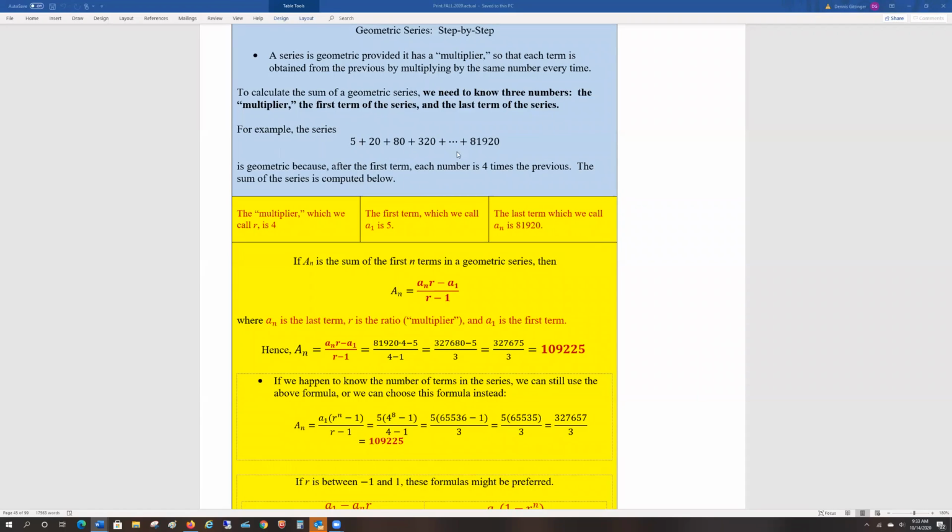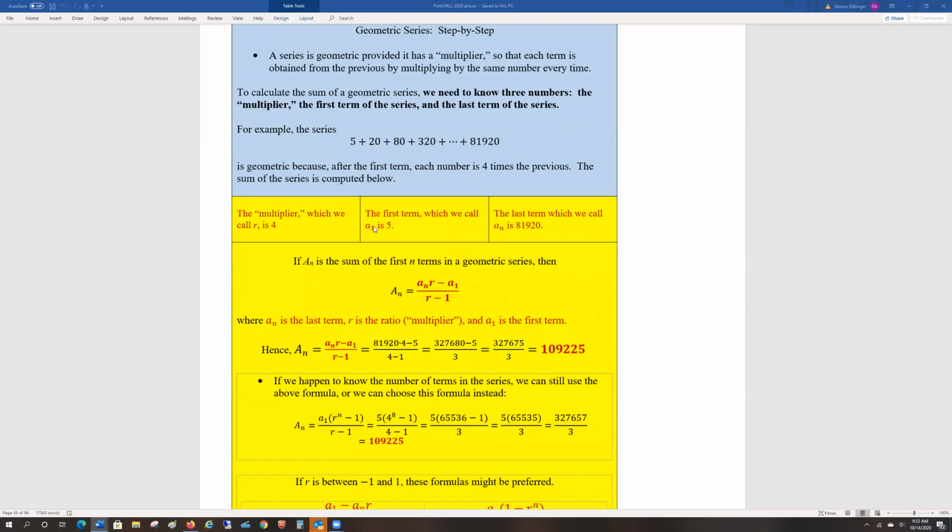So this goes all the way out to 81,920, and our goal is to add up all those numbers without writing them all out. The good news is, in some ways, this is actually easier than an arithmetic series, because it turns out that we don't have to know how many numbers there are in order to add them up.